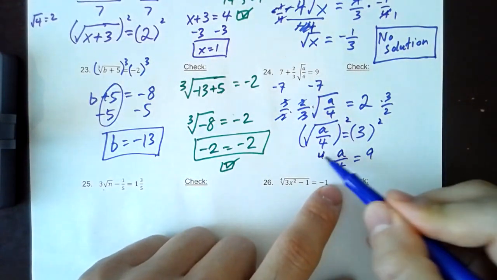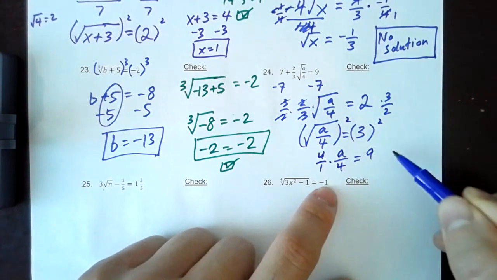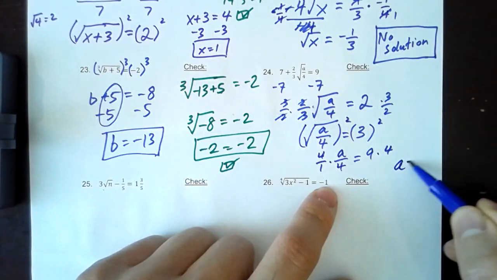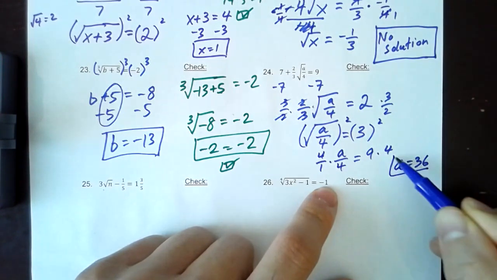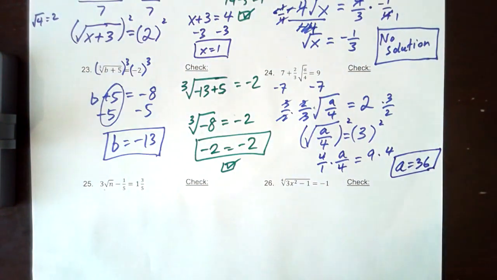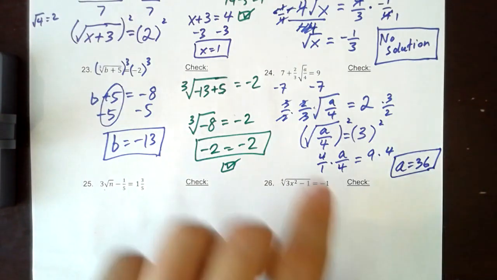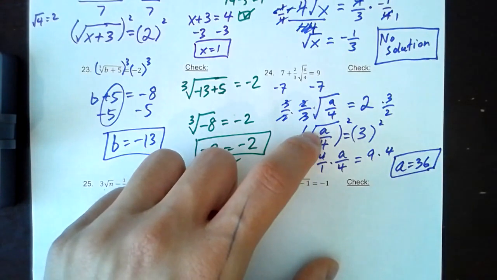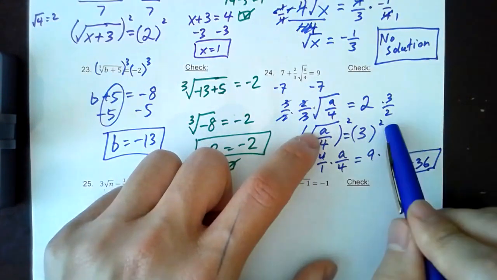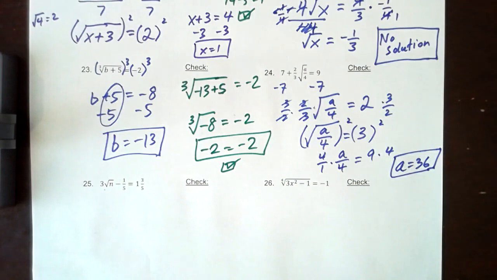And then you multiply both sides by 4, and you get a is equal to 36. Now again, you don't have to think about positive or negative. The only time you have to think about positive or negative is when you're solving for x squared. Here we're just using a, and we're squaring both sides, but we're not solving for x squared.